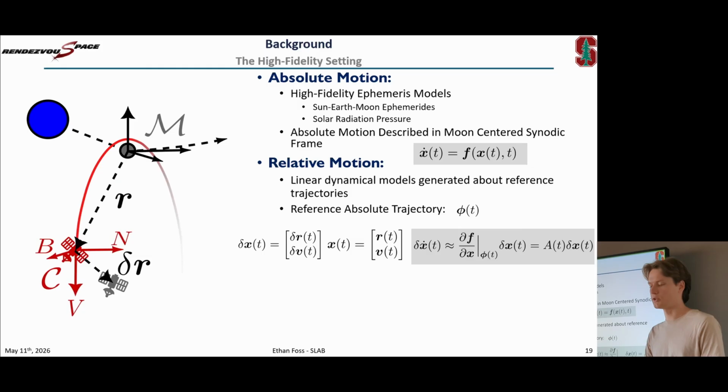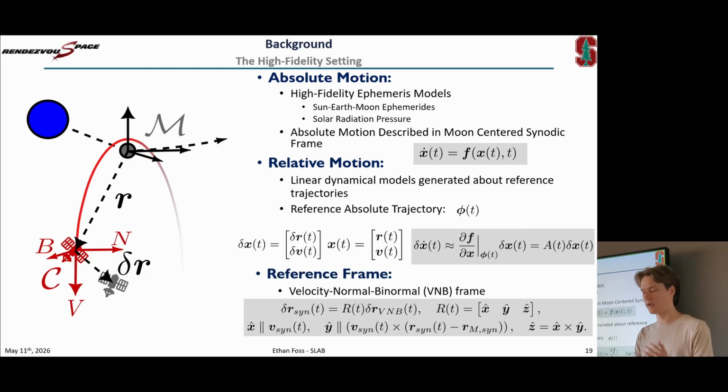And in terms of relative motion, an easy way to study relative motion in these high-fidelity settings is to look at the state transition matrix, which simply characterizes how initial states at some initial time transform to some state perturbation at a final time. The last thing I'll mention is that we often consider relative motion in a velocity-normal-binormal frame. So that's something we have to orient our perspective towards.